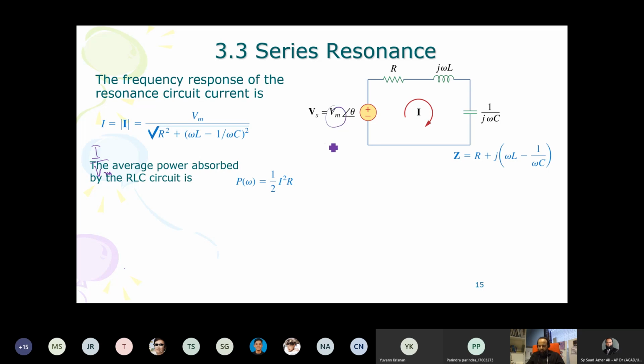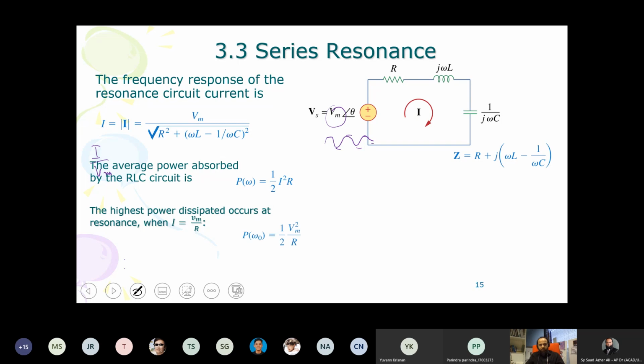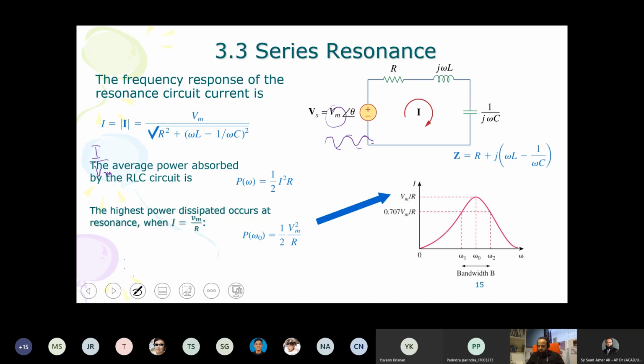Remember, this is a sinusoidal voltage, so at maximum values will be the maximum power dissipation, and it will be occurring at I equal Vm upon R. Vm is the maximum value, and if we want to plot it, the I will be like this. Don't worry about this B and omega 1, but omega naught is the resonant frequency. This is the most important thing right now. And this happens when I equals Vm upon R.